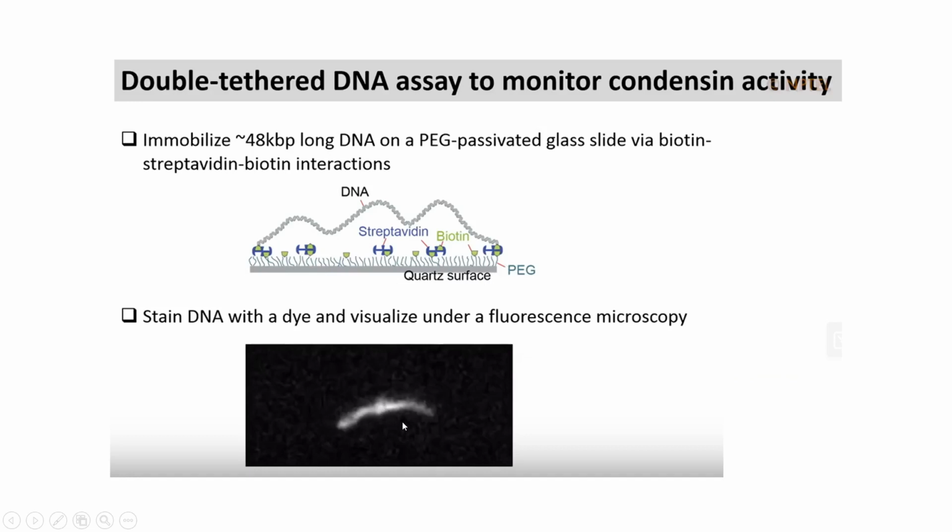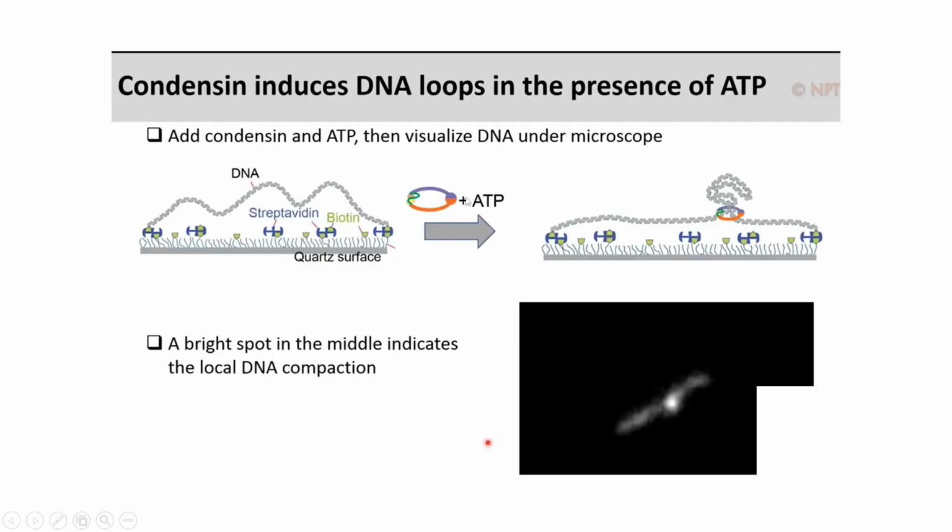So they wanted to see what role condensin plays. They added condensin protein and ATP. Condensin requires ATP for its function. Without ATP, the condensin will not play its role. It will not allow the loop formation because the head region, as I told, is an ATPase.